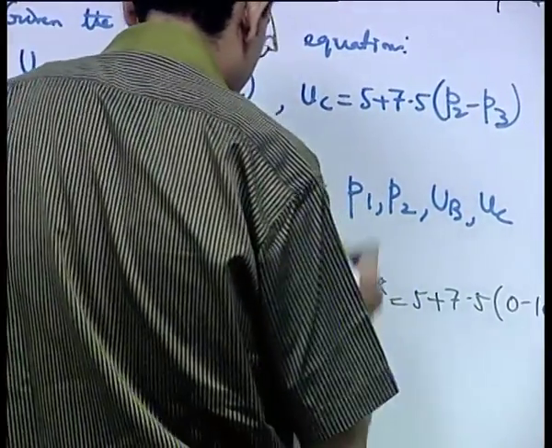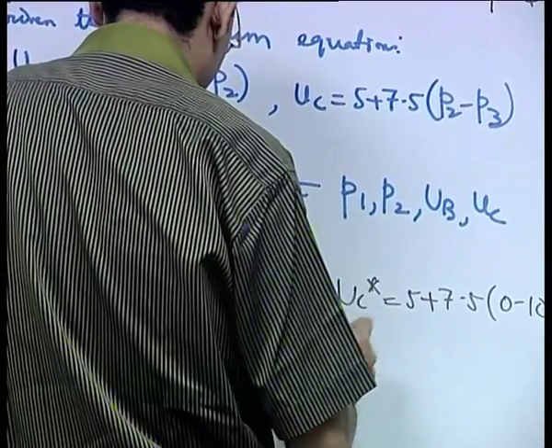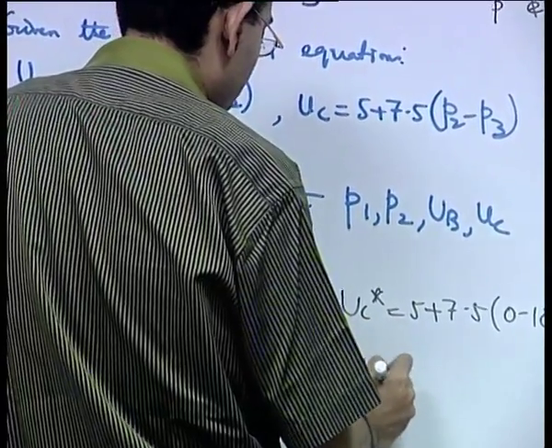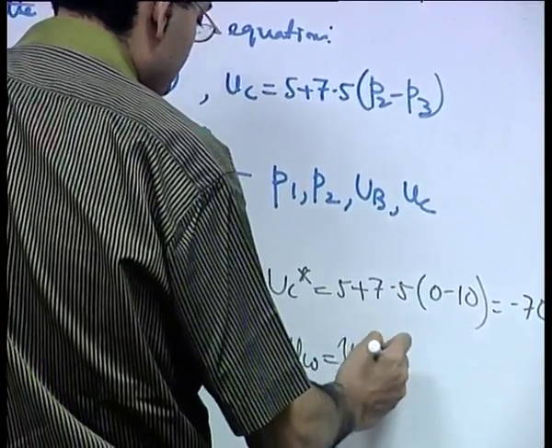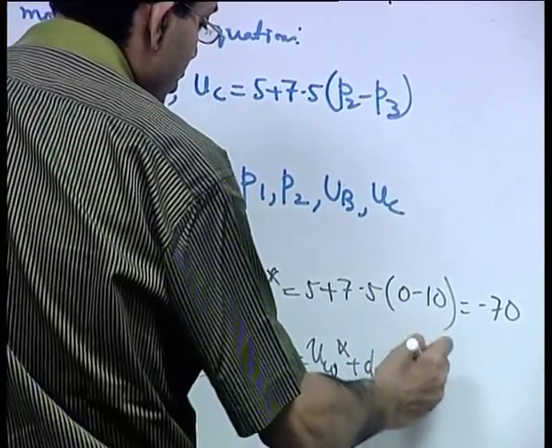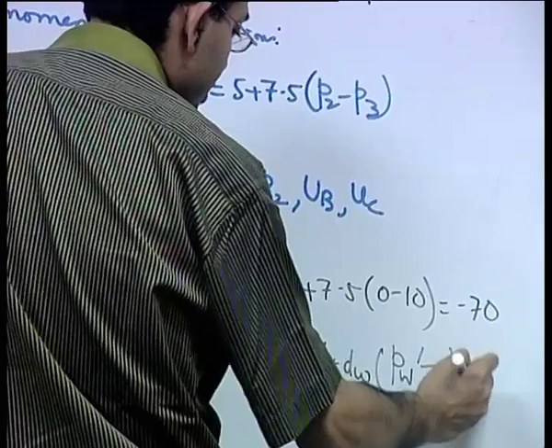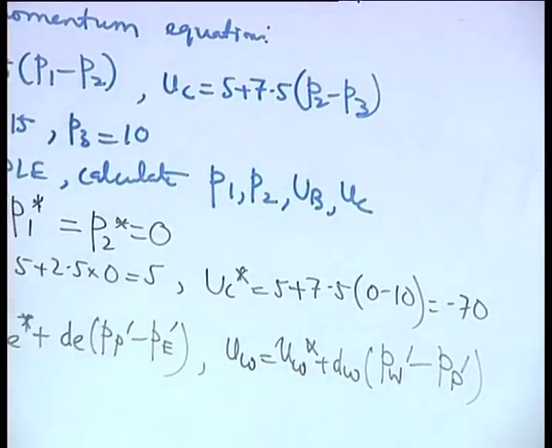And UW is equal to UW star plus dw into PW dash minus PP dash.